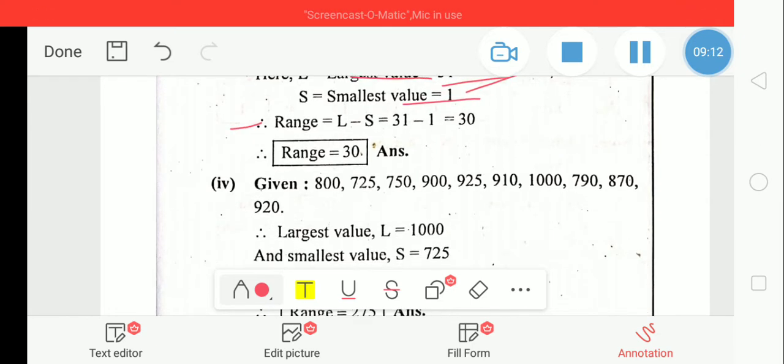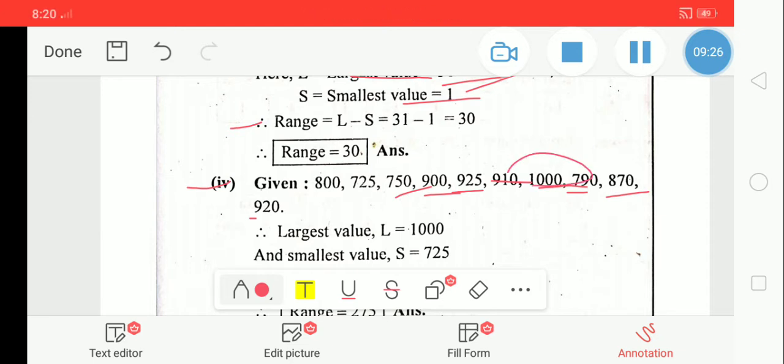Fourth: 800, 725, 750, 900, 925, 910, 1000, 790, 870 and 920. Here 1000 is the largest value, and the smallest is 725.